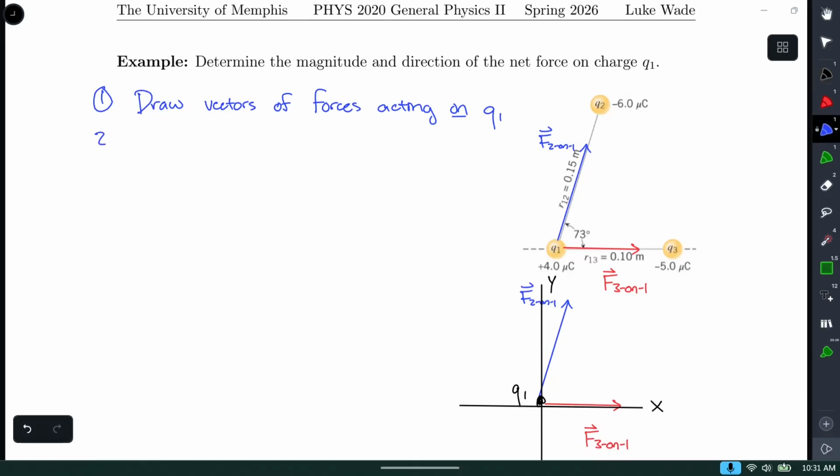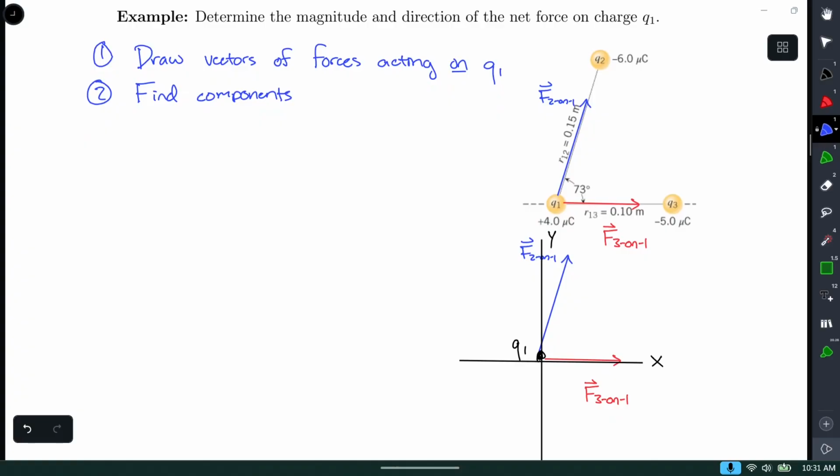And so our next step is, now that I've picked my axes, find my components for those forces. And I like to make a table for that. If you did it a different way in physics 1, do whatever's comfortable. It's the same process you learned then. I'm not doing anything new just because it's about electricity now.